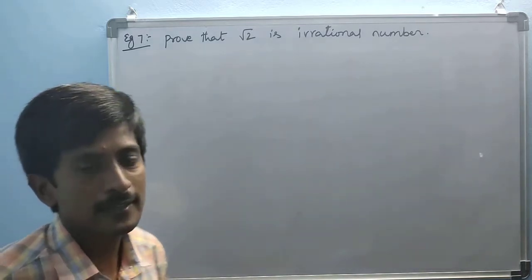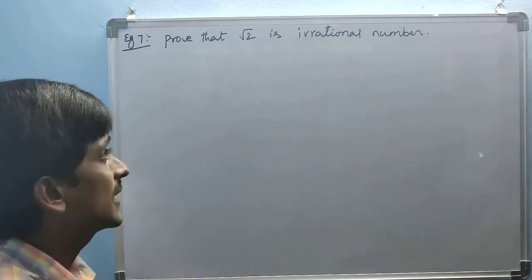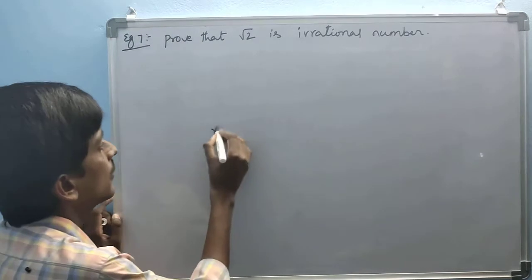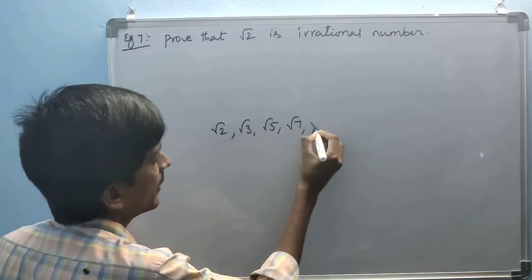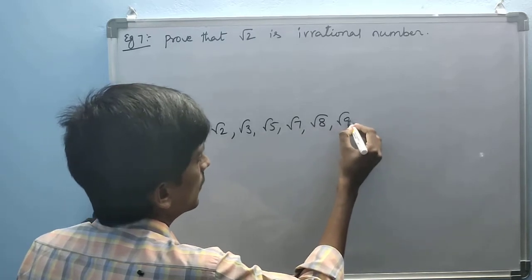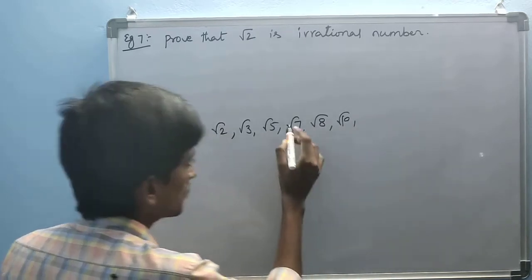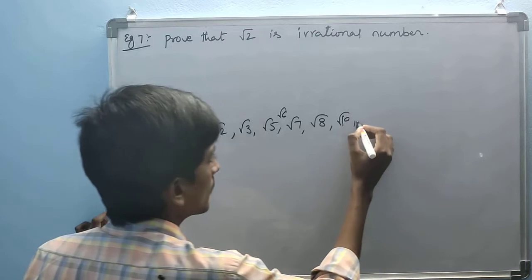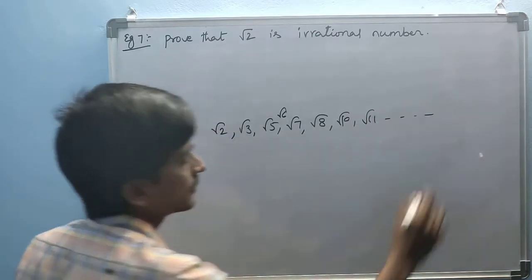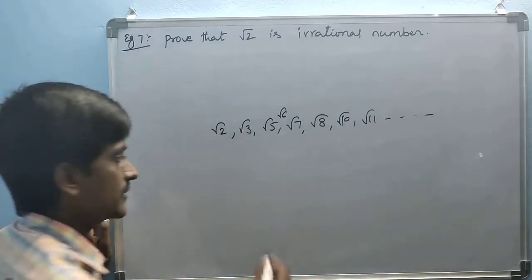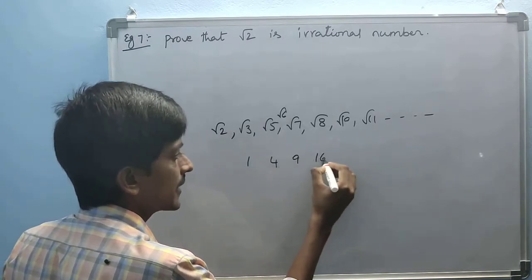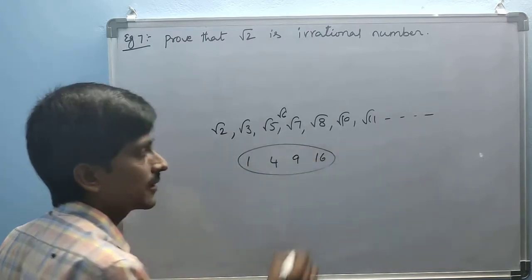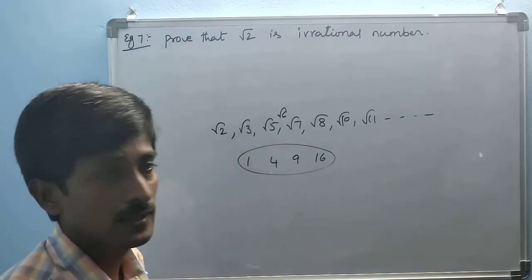Already you learnt in the 9th class some numbers are irrational numbers. For example, root 2, root 3, root 5, root 7, root 8, root 10, root 6, root 11 and so on. Perfect squares 1, 4, 9, 16 are not irrational numbers.